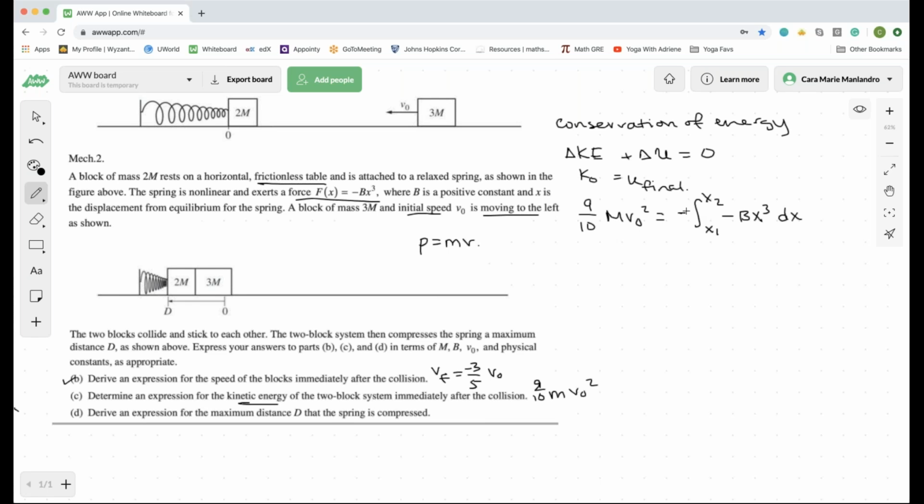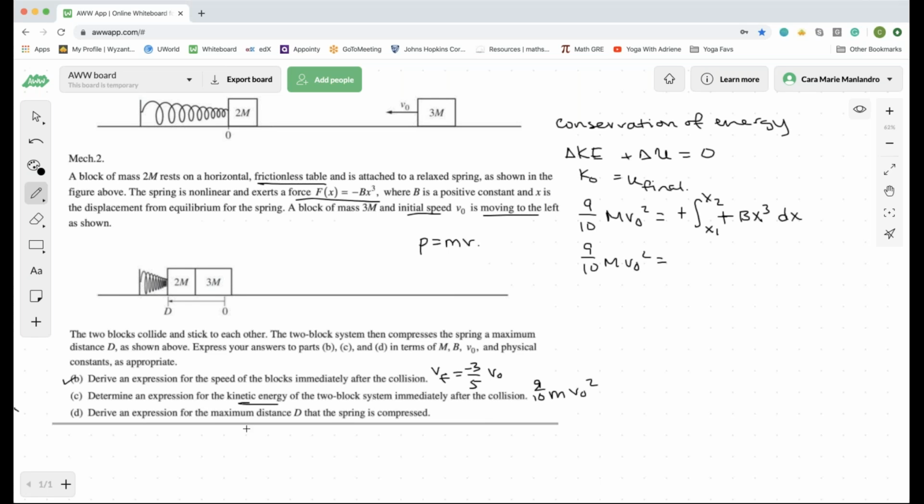All right, so then I can drop out those negatives, and then we can put in our bounds. How do we know the bounds?